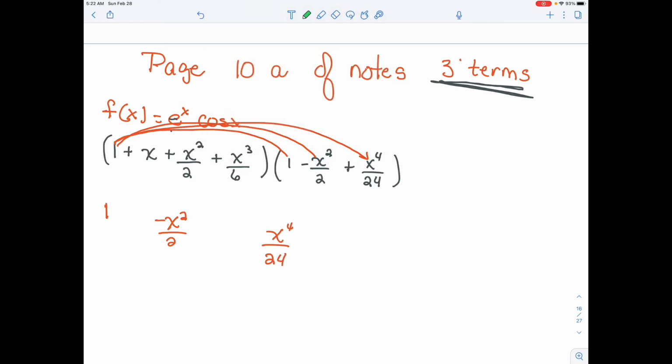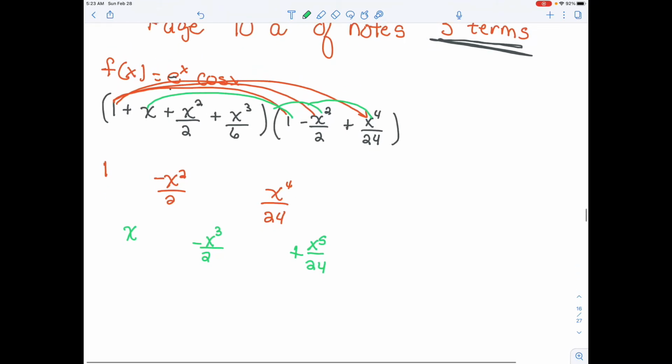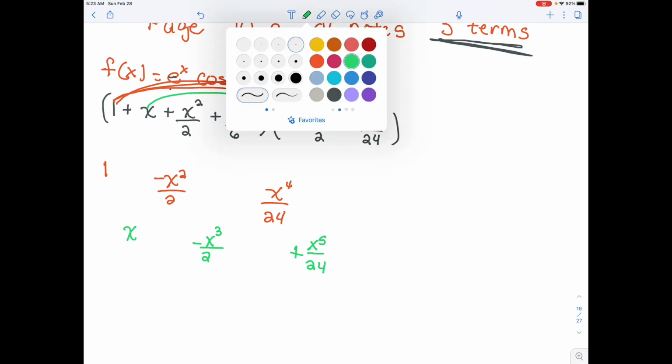Then I'm going to multiply x by each term. When I multiply by x, I'm going to get my odd term. So I get x minus x cubed over 2 plus x to the 5th over 24. I don't think I'm going to need that term, but just in case. And let's do another one.